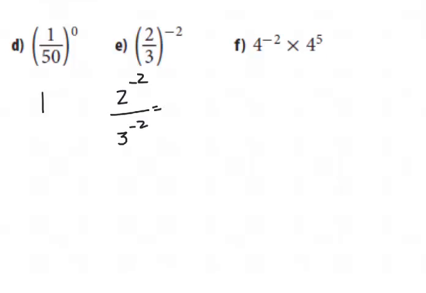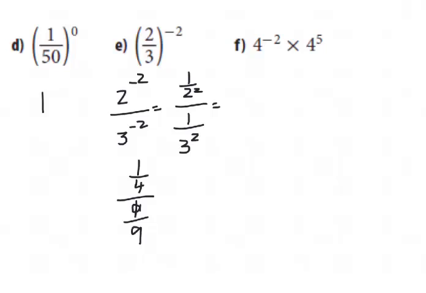2 exponent negative 2 is the same as 1 over 2 exponent 2. And 3 exponent negative 2 is the same as 1 over 3 exponent 2. 1 over 2 exponent 2 is the same as 1 over 4. 1 over 3 exponent 2 is the same as 1 over 9.